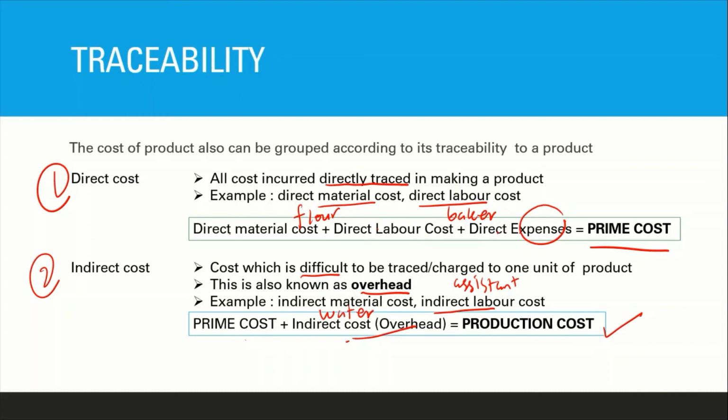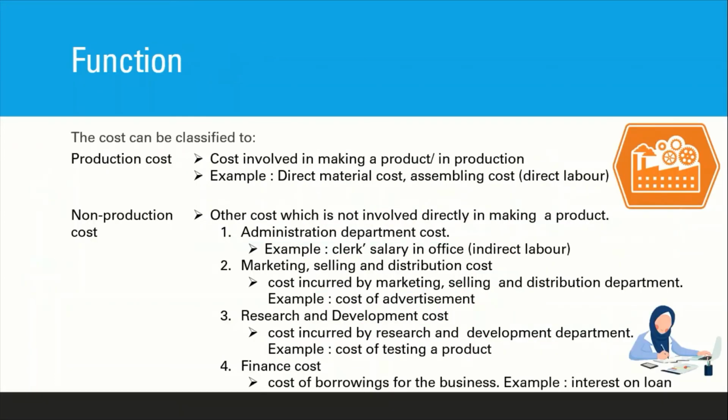Understand? Okay, so let's move on to the third category, which is function. You group the cost depending on its function. So the first is production cost. Of course, costs involved in making a product or in production, meaning in the production factory only.